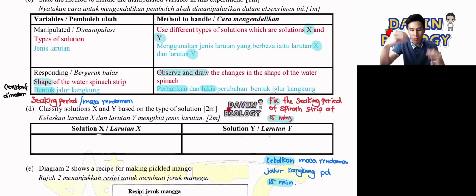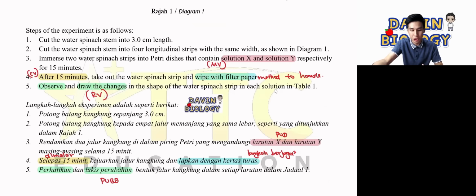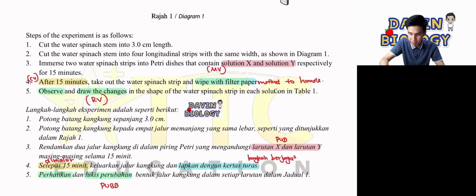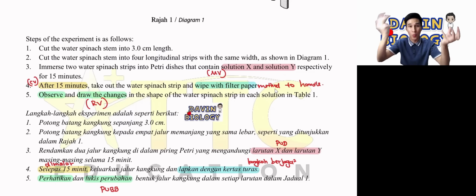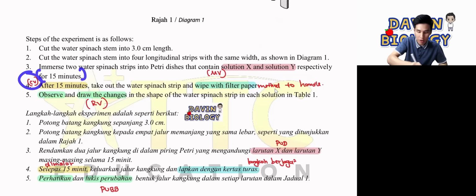Once you know the variables and how to handle, if they ask you to write a procedure, you only need to write four things and you get full marks. For the manipulated variable, you mention: immerse the spinach strip or potato strip in solutions X and Y. Rendam dalam dua larutan X dan Y is basically 1 mark. Then you mention how long you soak, 15 minutes, that's your constant variable.